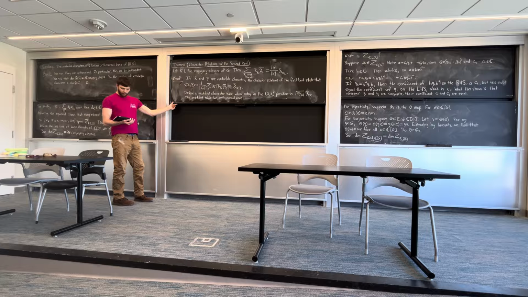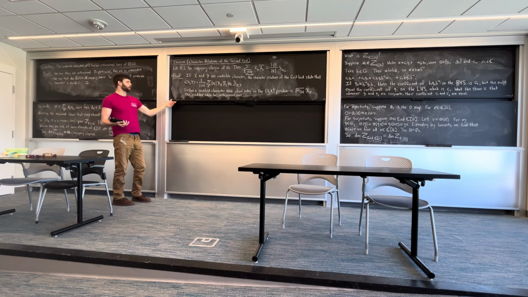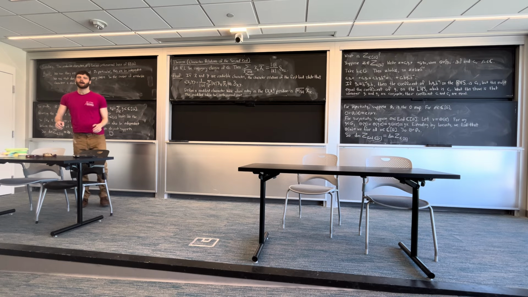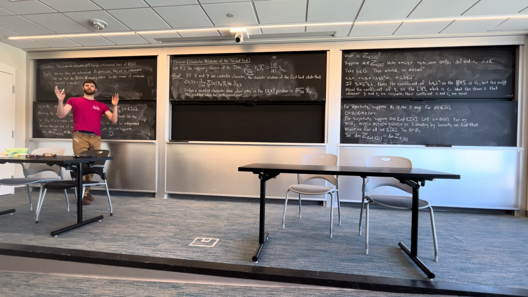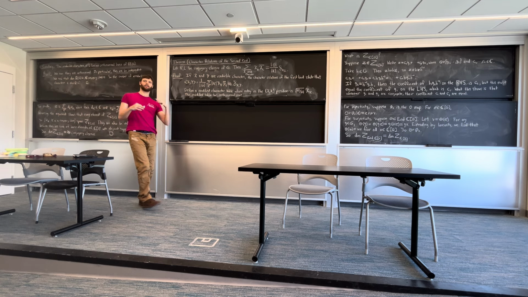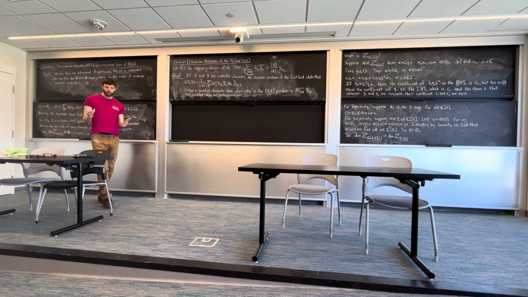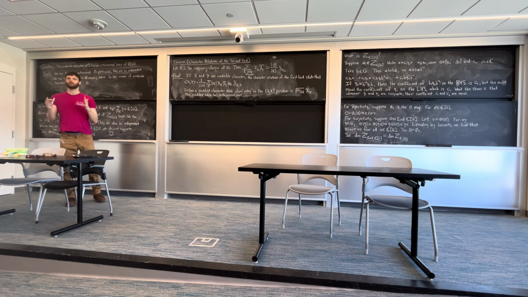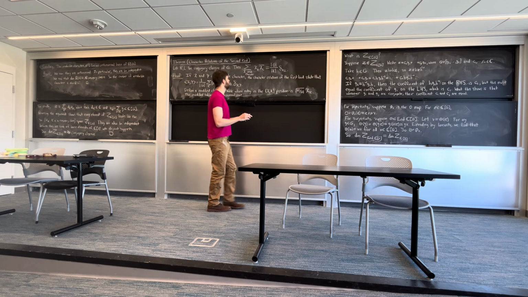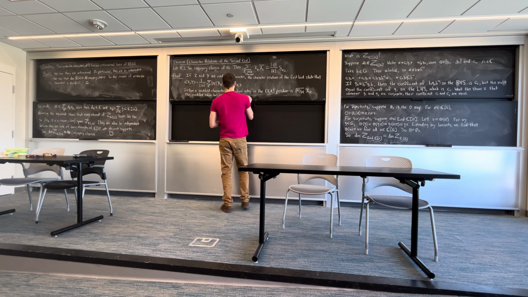But then, there's a fact about unitary matrices. If you have a square matrix and the rows are orthonormal, then it has to be a unitary matrix. And if you have a unitary matrix, then its columns are also orthonormal. And that's exactly what we need. So, it has orthonormal rows.